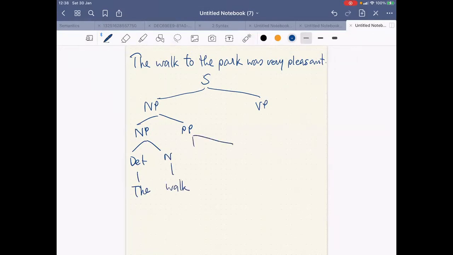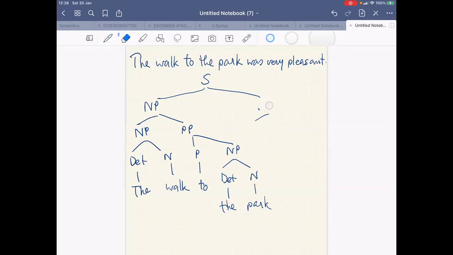Then we have P for the preposition to and NP here for the park. Was very pleasant. Let me put the verb first here.